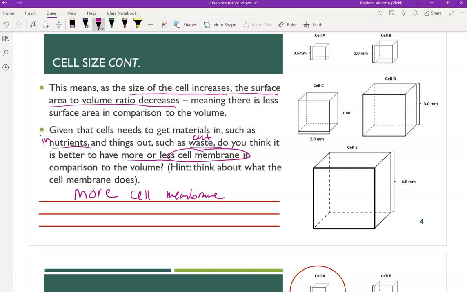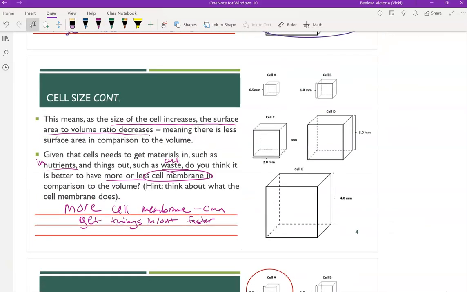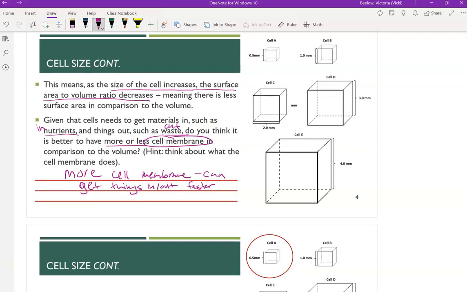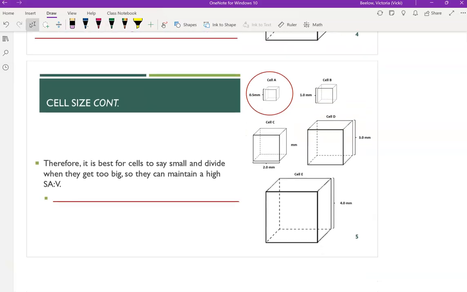So if we have more cell membrane, we can get things in and out faster or more efficiently. And to end with, is it best for cells to stay small or big?